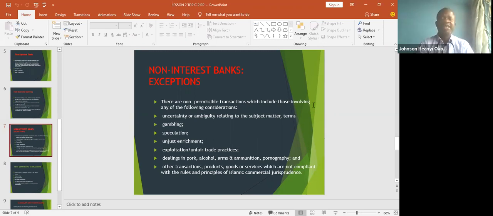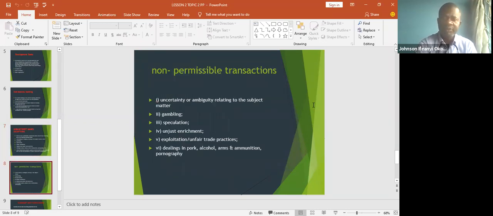Areas that encourage unjust enrichment, exploitation and unfair trade practices, and areas concerning dealing in pork, alcohol, arms and ammunition, as well as pornography. These are no-go areas for non-interest banks in Nigeria.